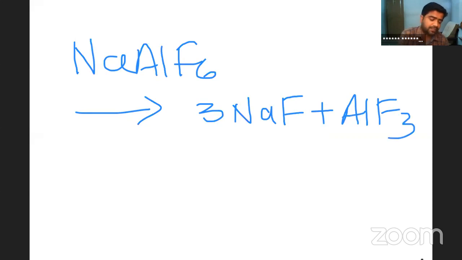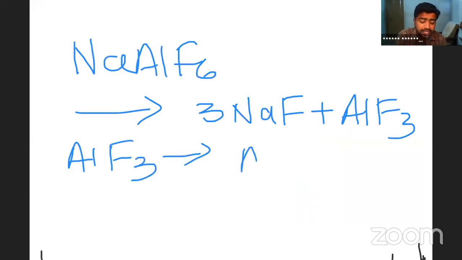This AlF3 gives Al3+ in ionic form and 3F minus.